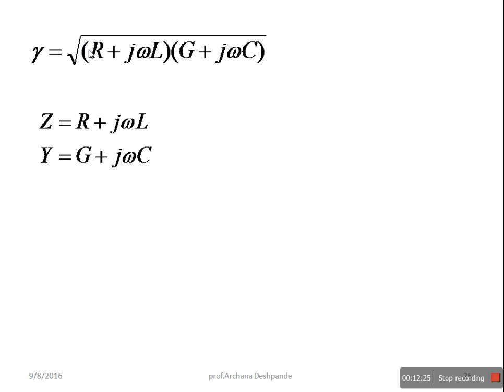Here, r plus j omega L is nothing but the impedance of the series component, and g plus j omega C is the admittance of the parallel component. So if I substitute this value here, I get gamma equal to the square root of capital Z into capital Y. This gamma is a complex term, therefore it has a real part and an imaginary part.